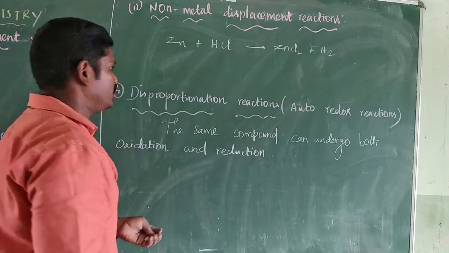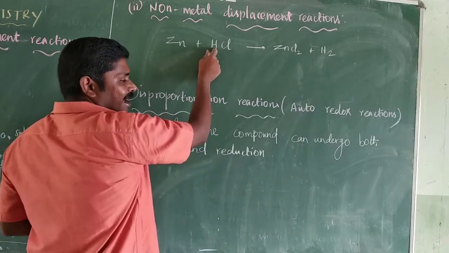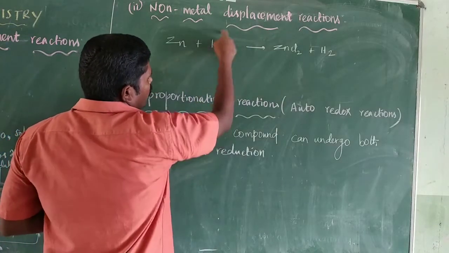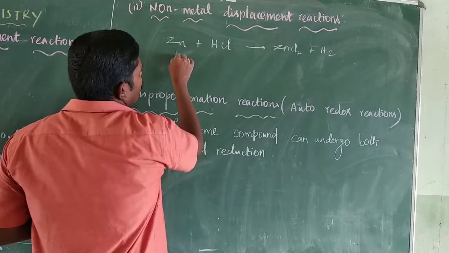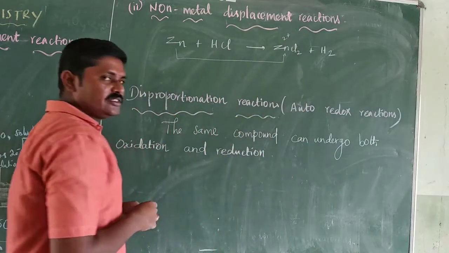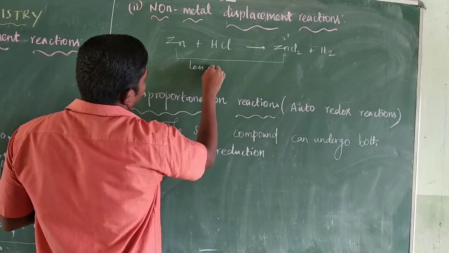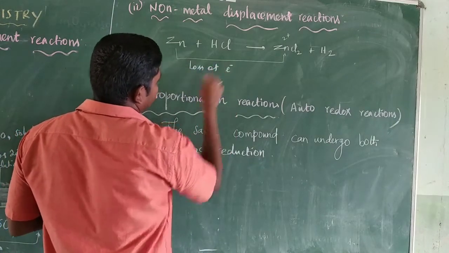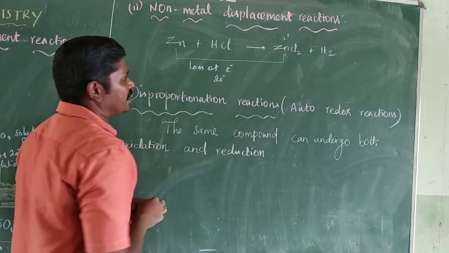Okay, zinc replaced hydrogen in hydrochloric acid solution. So zinc to zinc 2 plus, loss of electron. Loss of how many electrons? Loss of 2 electrons.